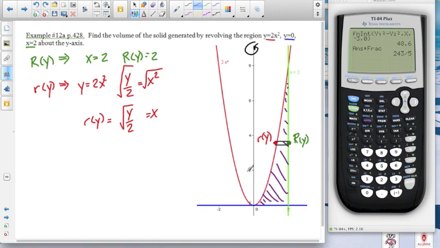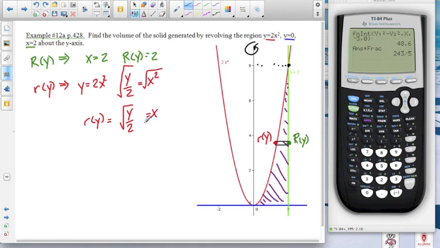And then the limits of integration are going to go from here. We're going to stack washers up from this location all the way up to this location up here. And so we know that this location is a value of 0, and this location we can see is a value of 8. And to confirm that, what we really should do is set this quadratic equal to this line here.